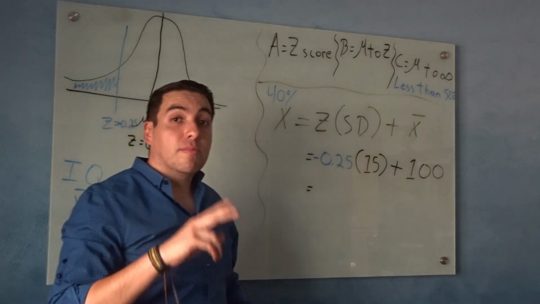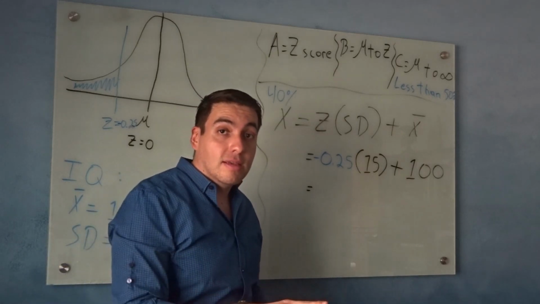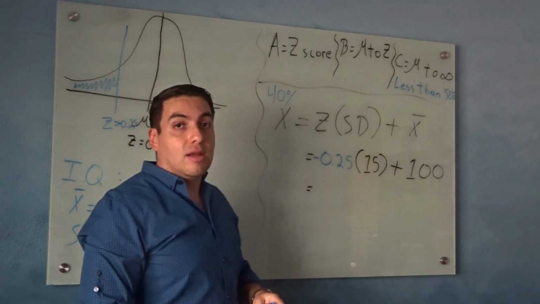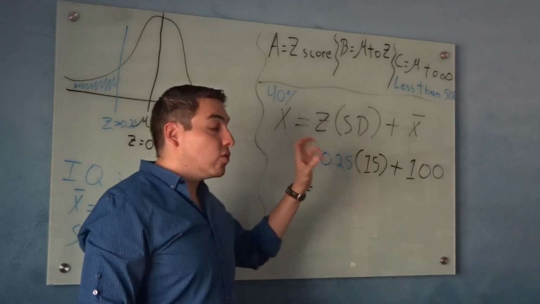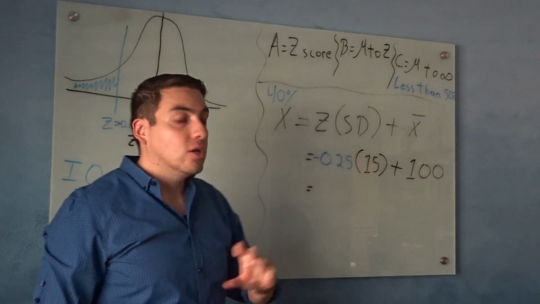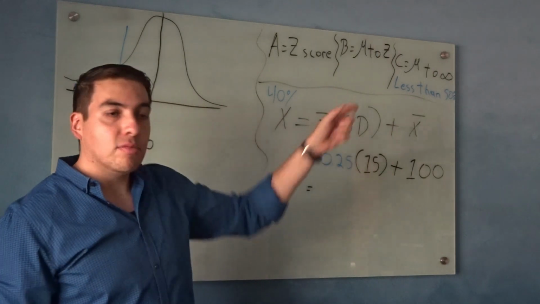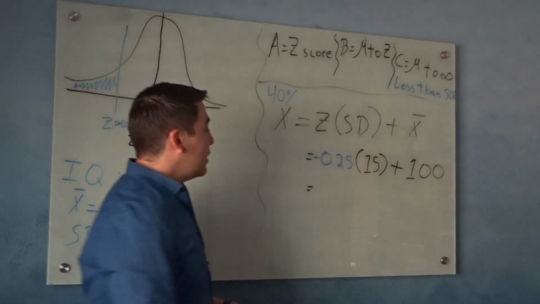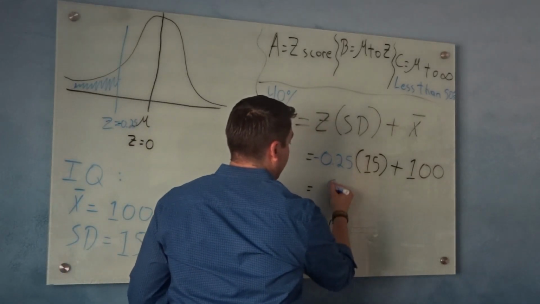Every time that you look for a percentile that is less than 50, you're going to go into the C column, and once you find the Z-score, you're going to transform it into a negative Z-score. So let's do it. Negative 0.25 multiplied by 15 plus 100. And what do you get? You get 96.25.